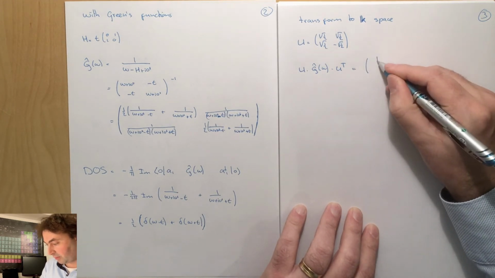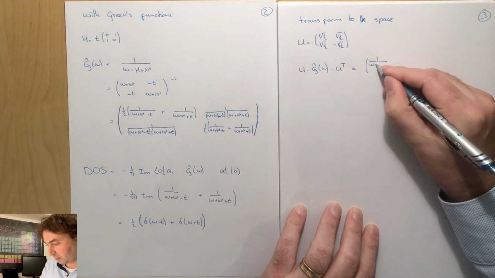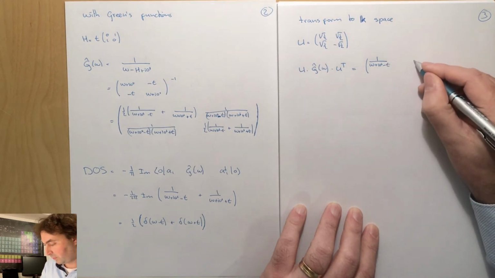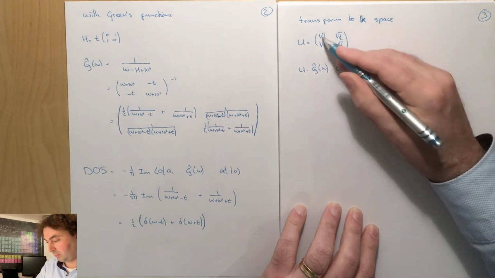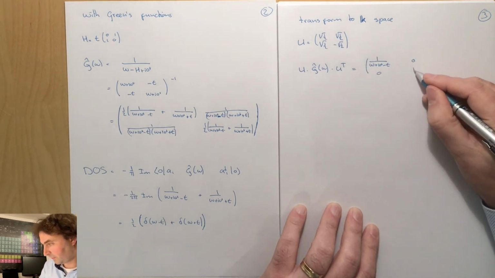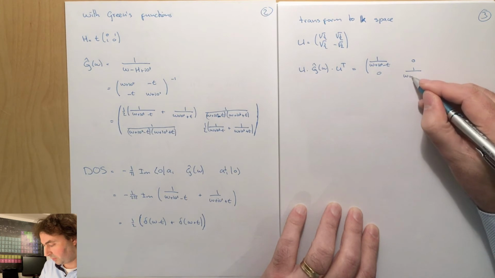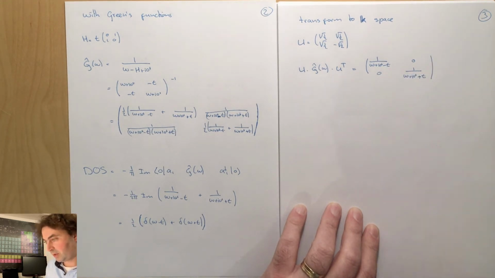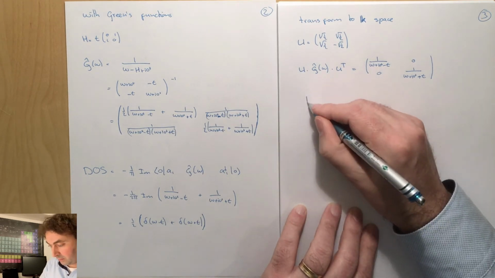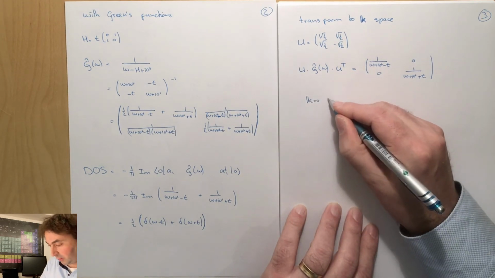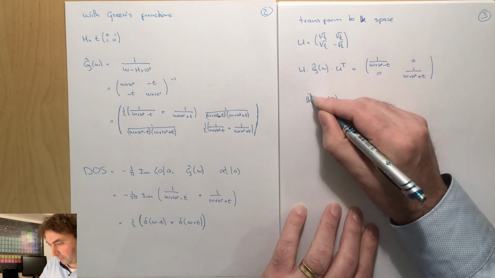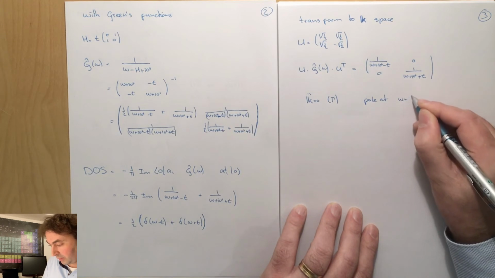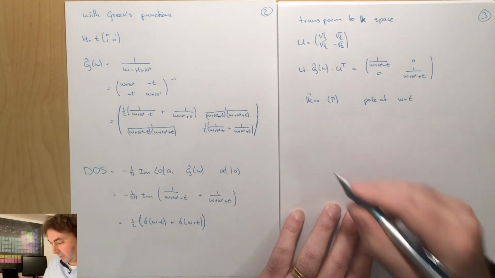And what we find for the Green's operator in k-space is 1 over omega plus i0 minus t for the bonding state at gamma, and 1 over omega plus i0 plus t for the state at X. So when our crystal momentum is 0, at gamma, we have a pole at omega is t, which is the eigenenergy.